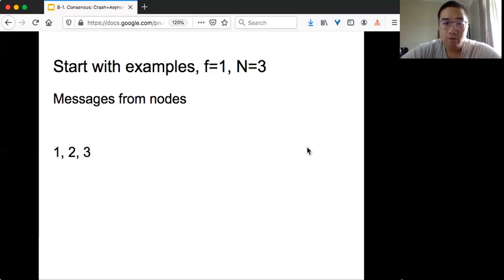Without loss of generality, you can assume that you have 3 nodes, where the first has state 1, the second has state 2, and the third has state 3.